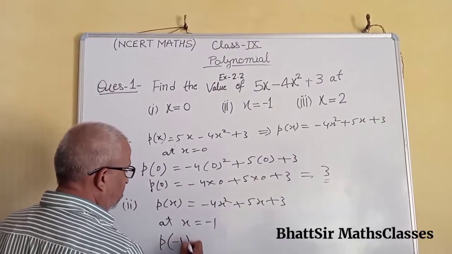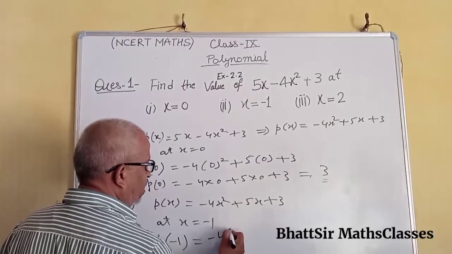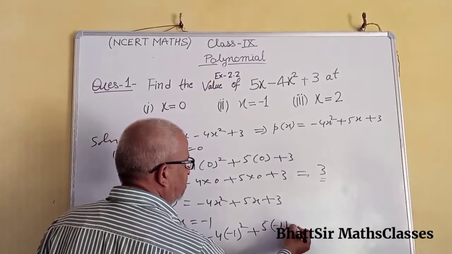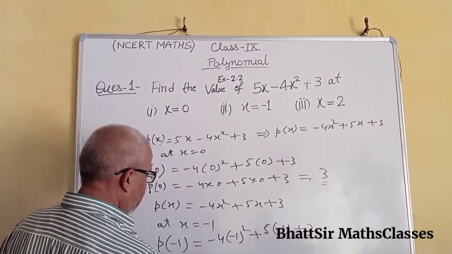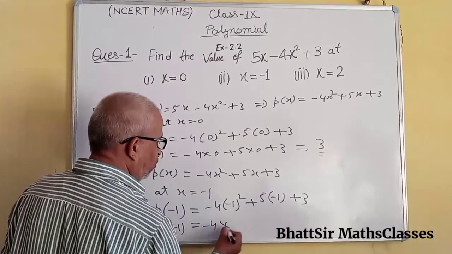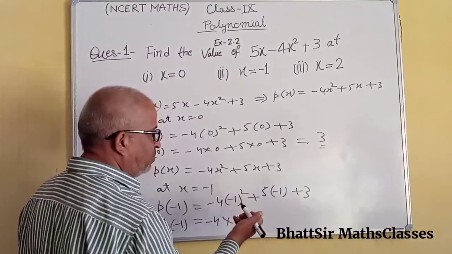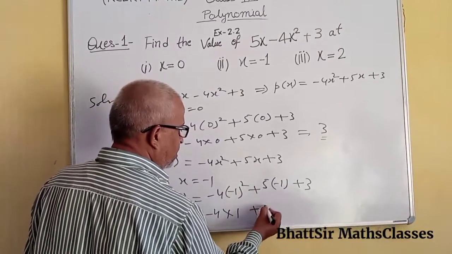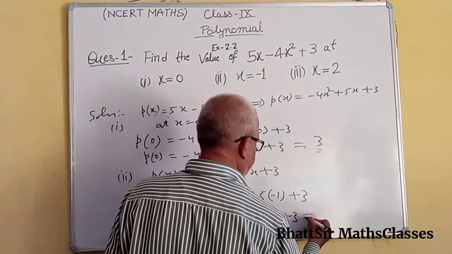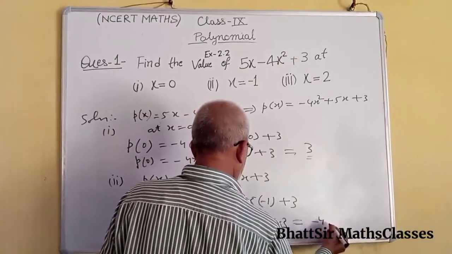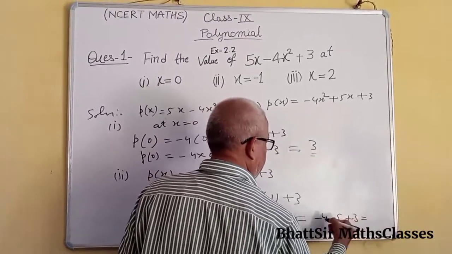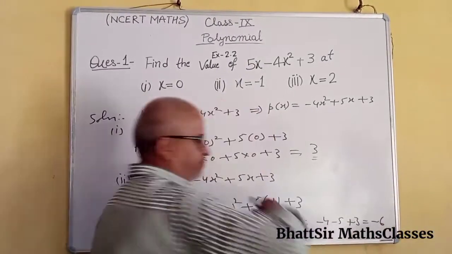Then P(minus 1) equal to minus 4 into (minus 1) square plus 5 into (minus 1) plus 3, equal to minus 4 into 1 minus 5 plus 3, which is minus 6.